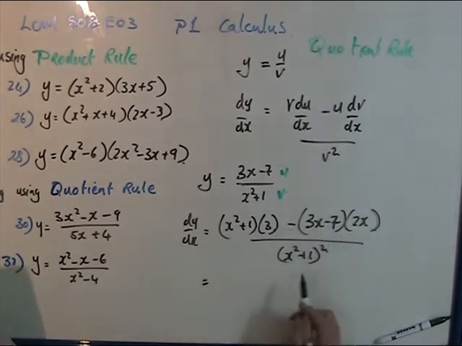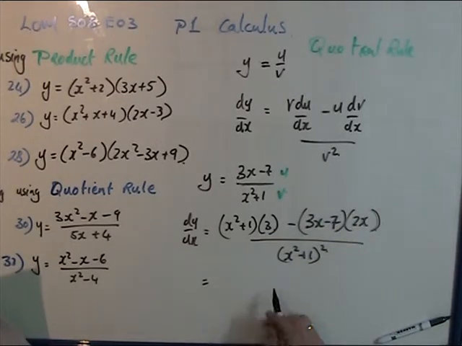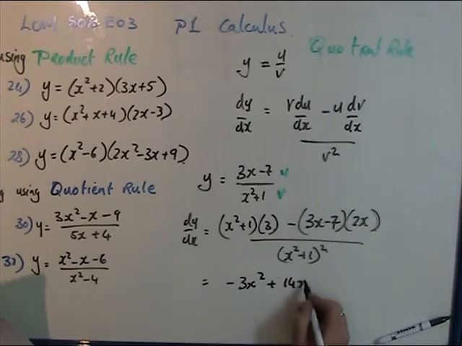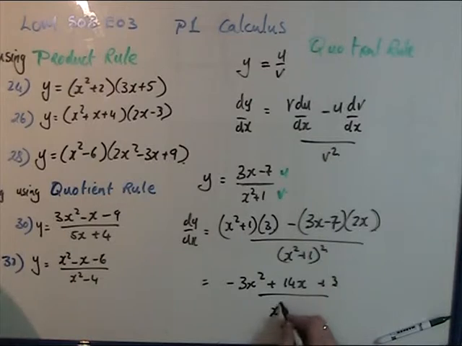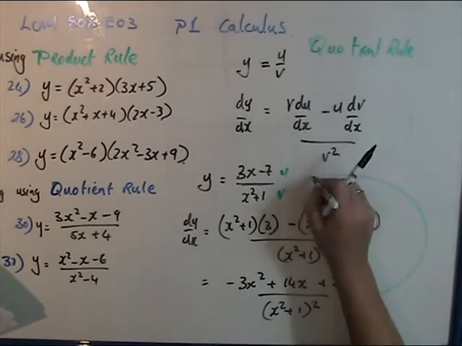Now you would multiply that out until you got a line where everything is one linear equation. When I multiply this all out, I get minus 3x squared plus 14x plus 3 all over (x squared plus 1) all squared. And that's my answer.